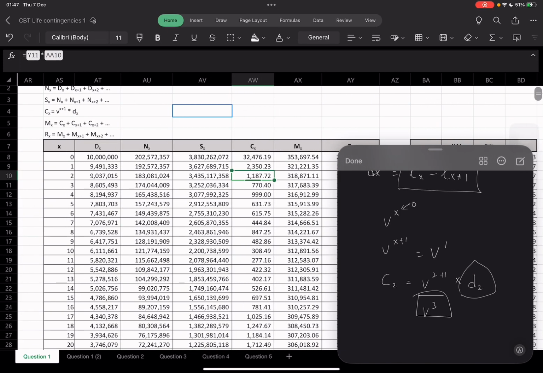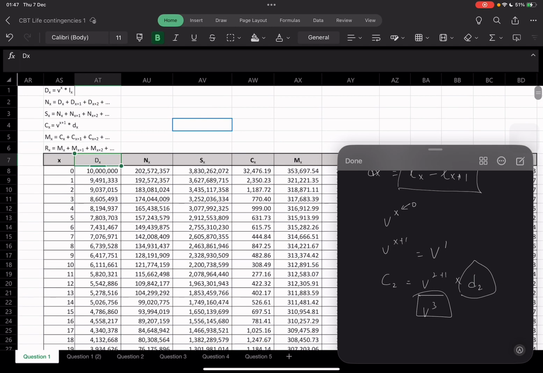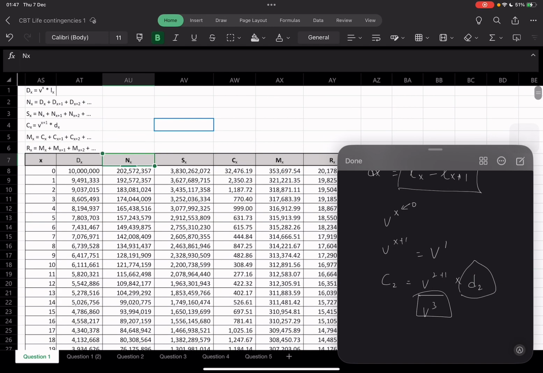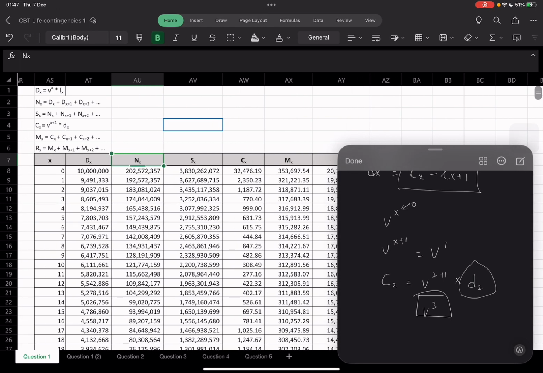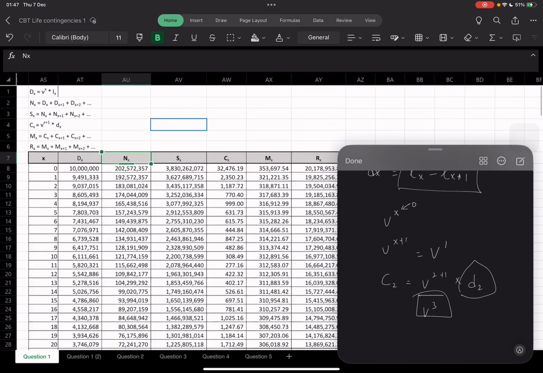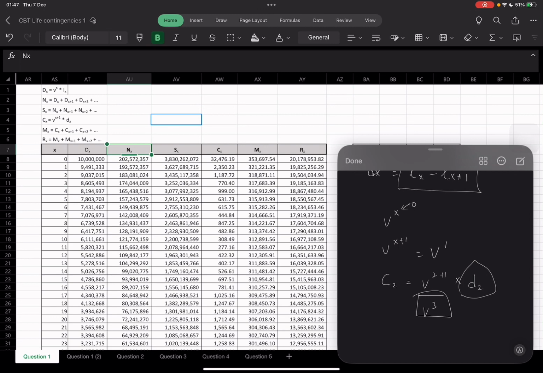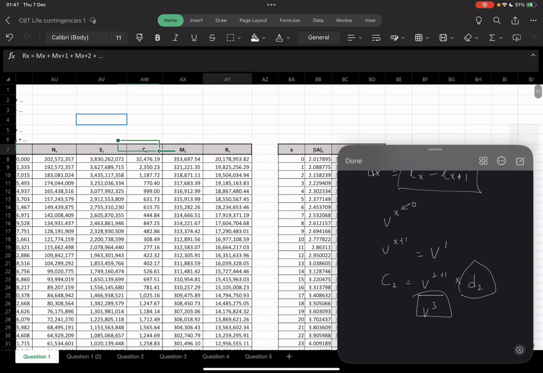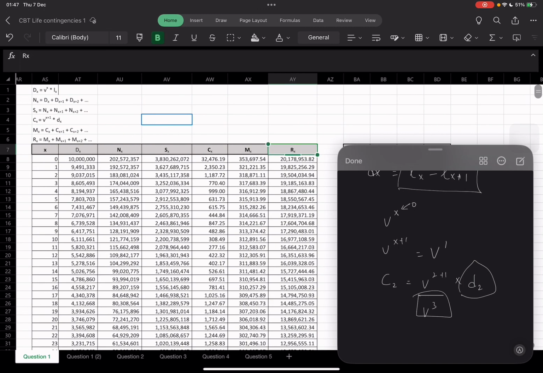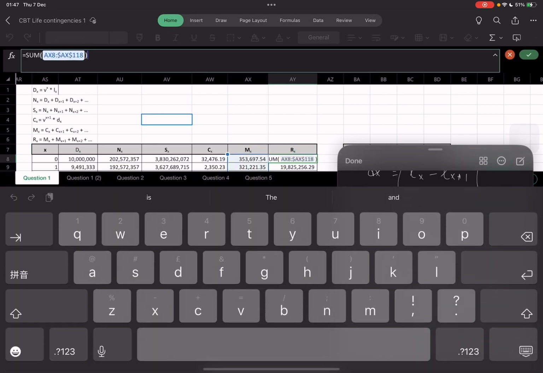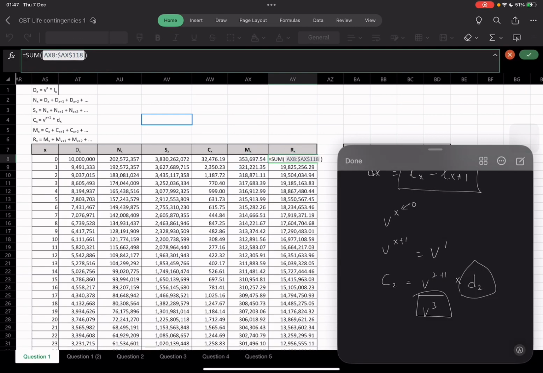Mx has a similar formula as D and N, which is the summation of Cx. For R, which is also similar to D, N, and M, it is the summation of M.